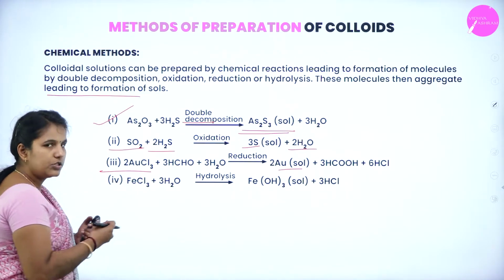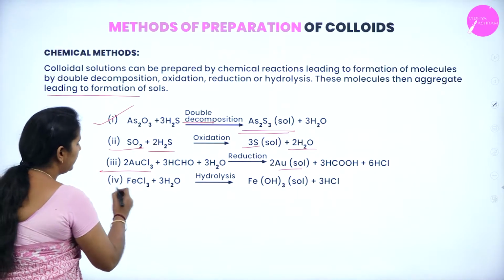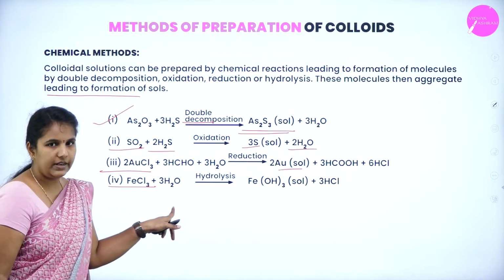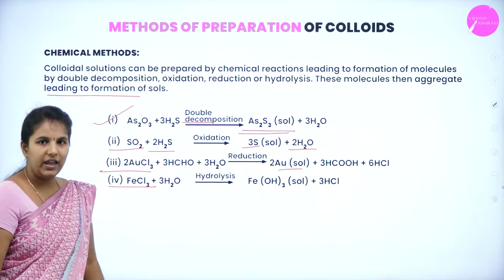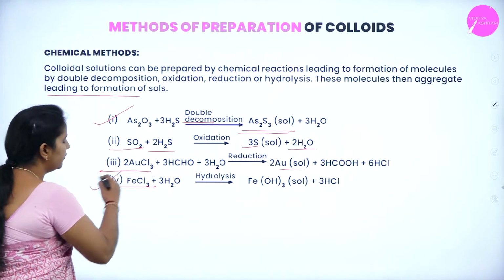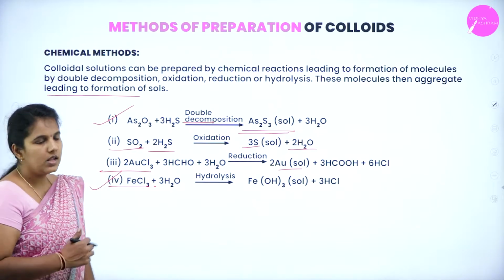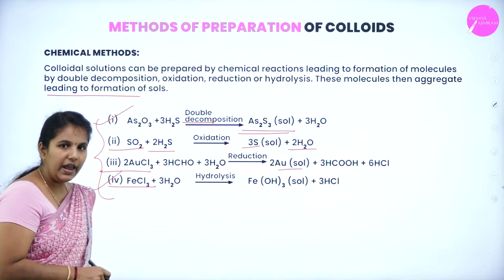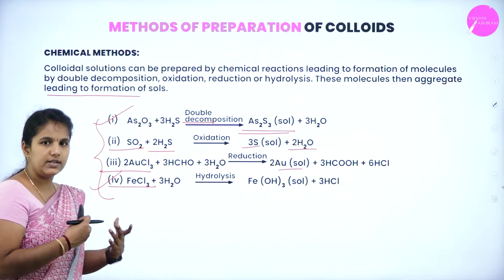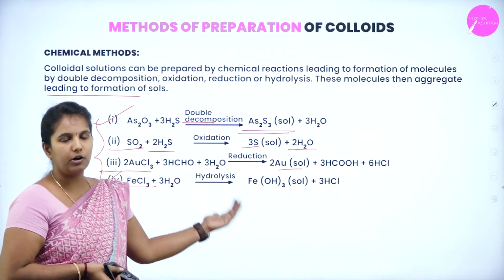And when it comes to hydrolysis, I am taking ferric chloride treated with water, which forms what? Ferric oxide with the release of HCl, and this is a type of hydrolysis. So these are the different types of reaction where any 2 reactants combine to give rise to the product.